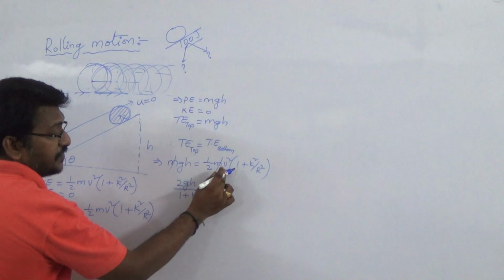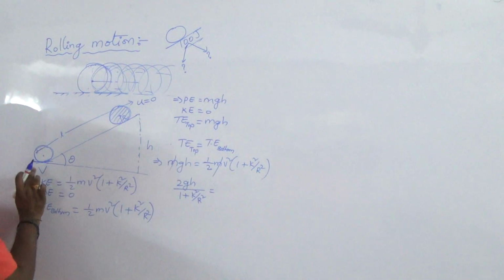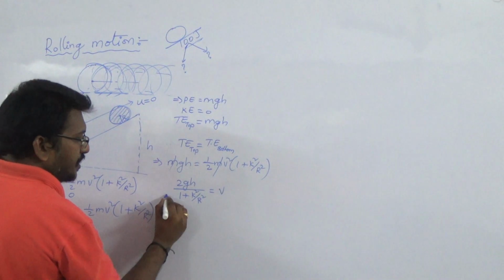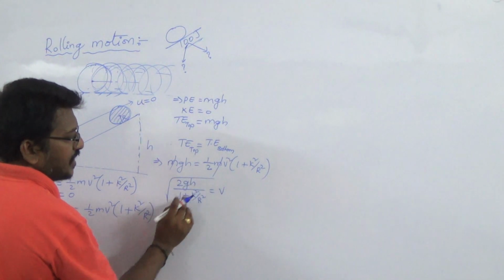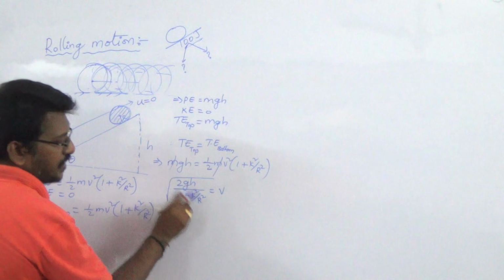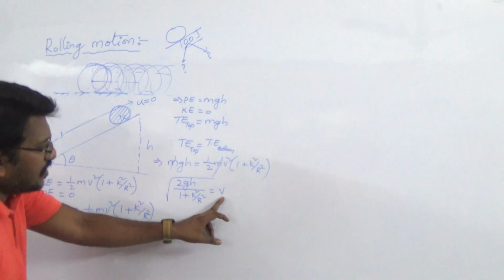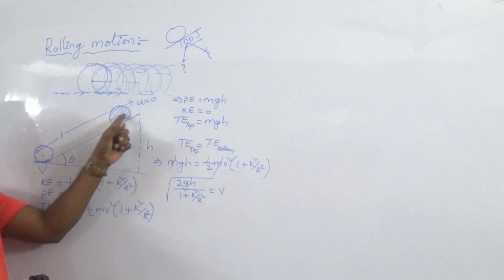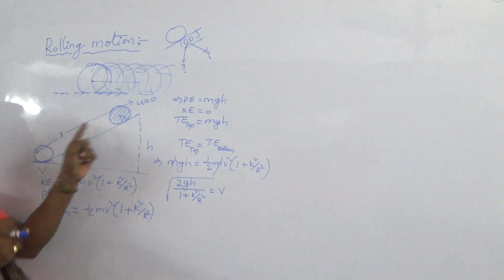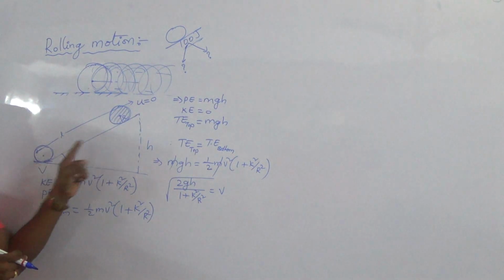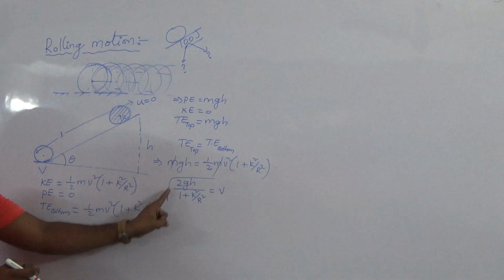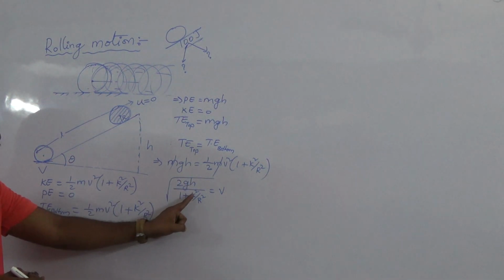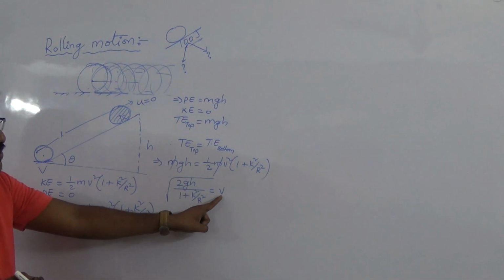So the velocity v equals the square root of 2gh by (1 plus k square by r square). The velocity of the rolling body on the inclined plane when it reaches the bottom from a height h is given by this formula.